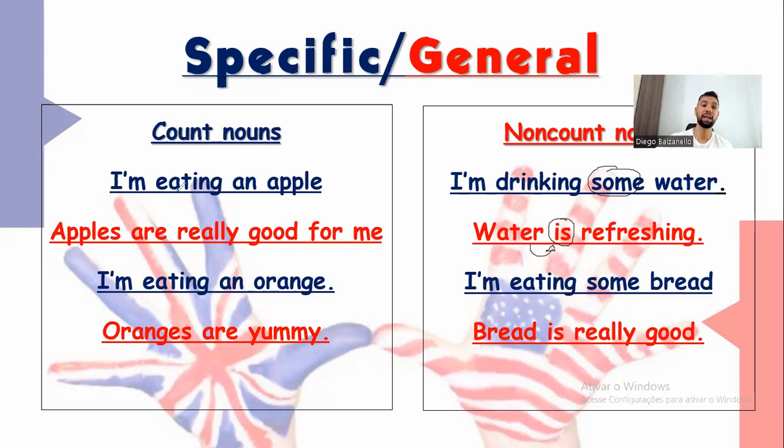You see here, an apple, because countable, I can count one apple, and apples are really good, then you use the plural form, and here we use the singular form. No questions here. Let's move on. Let's go ahead.